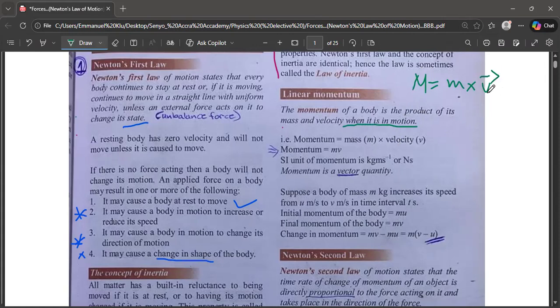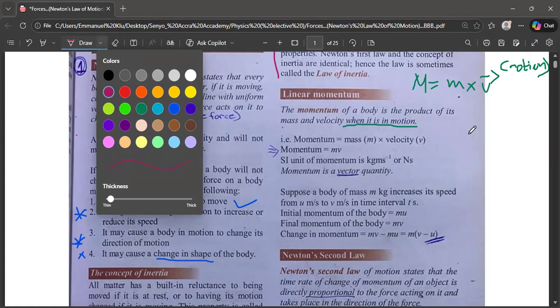This is for a body in motion, so you can see me writing motion over here. Now look at a different scenario.